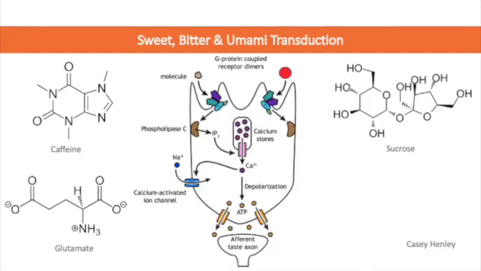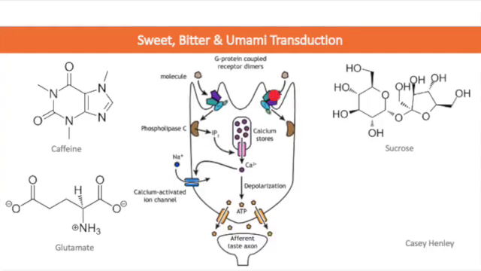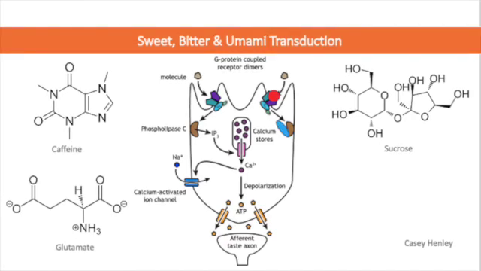In this pathway, tastants bind to our receptor proteins which sit on the extracellular membrane of the receptor cell, allowing the outside of the cell to communicate with the inside of the cell. When the tastant binds, the receptor protein undergoes a conformational change, which activates the G protein inside the cell to then bind and activate an enzyme.